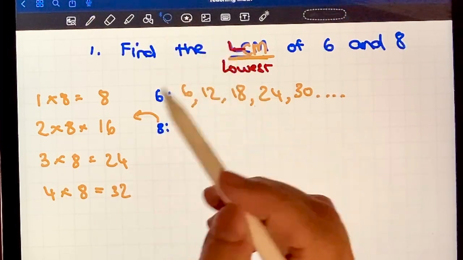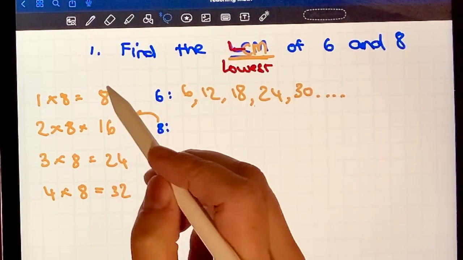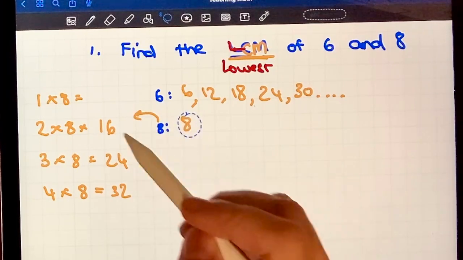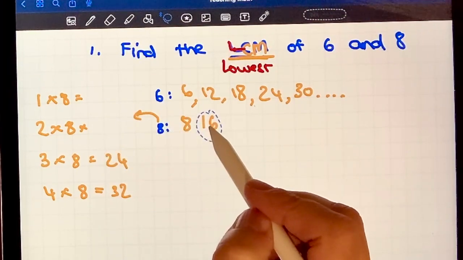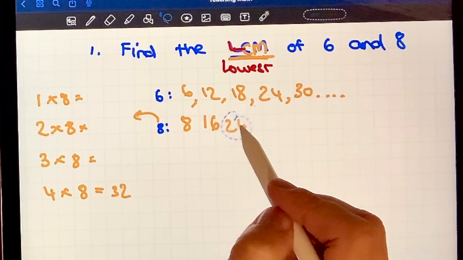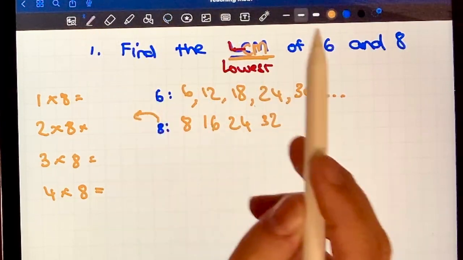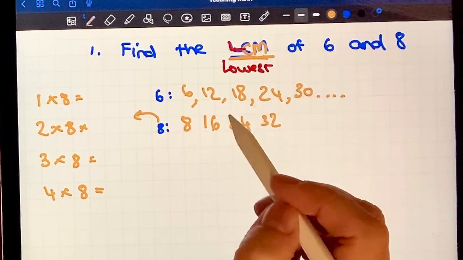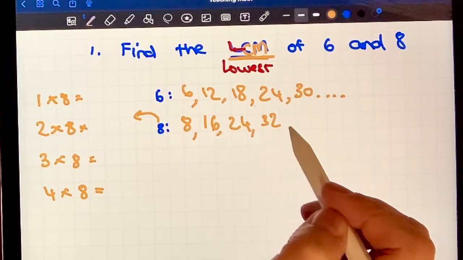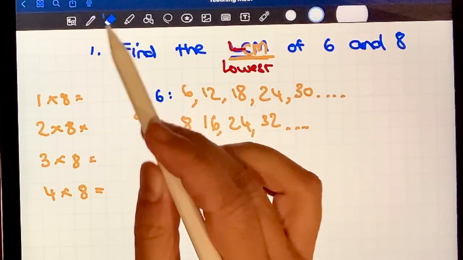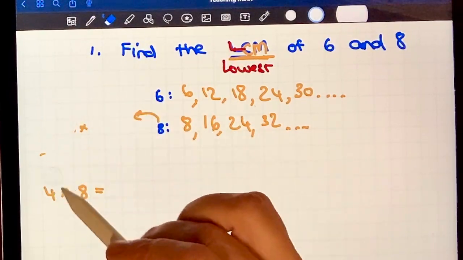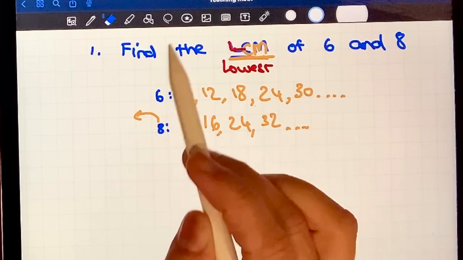These are some multiples of 8, and I'm going to drag them across and separate them by commas, and then we can erase these. Okay, done.